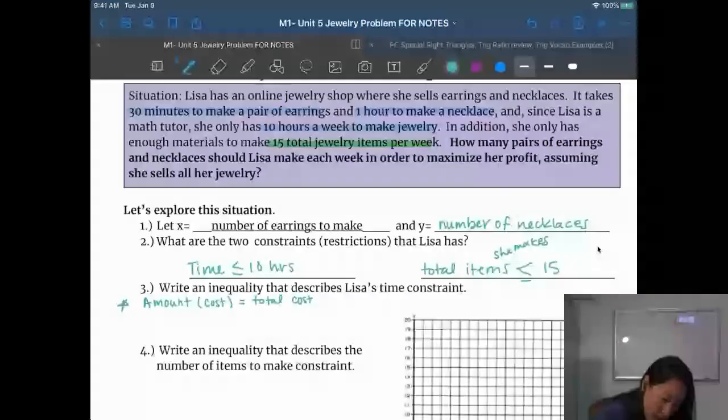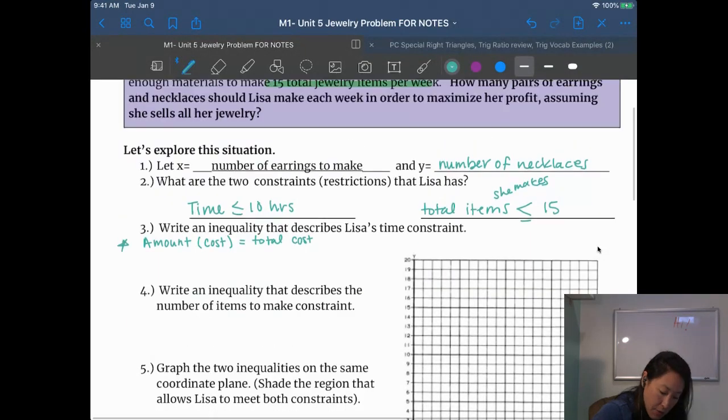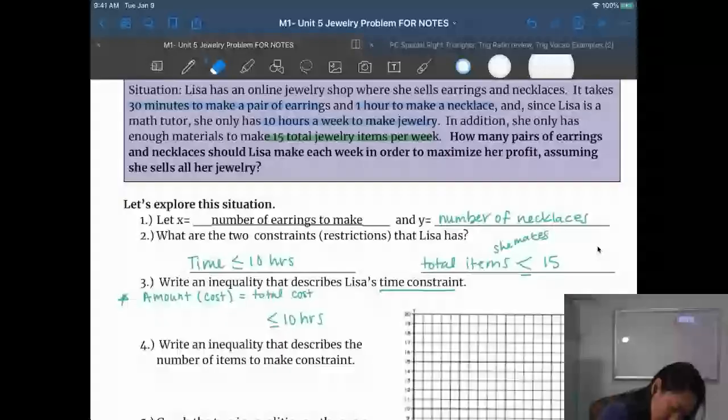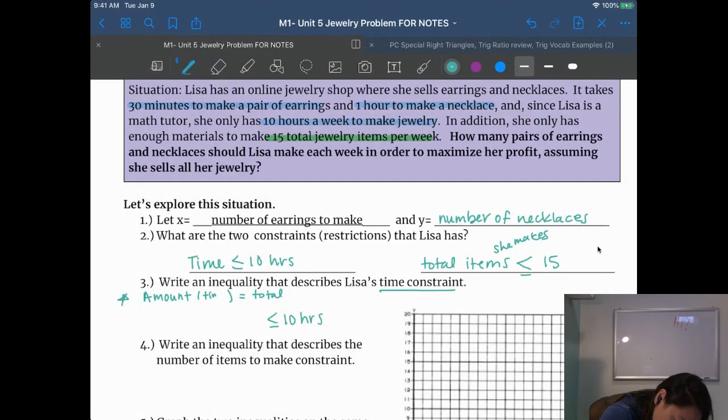We're going to set up the inequalities for number 3. For the time constraint, I know that I'm going to have an inequality that equals a total time. You should put time, not cost.